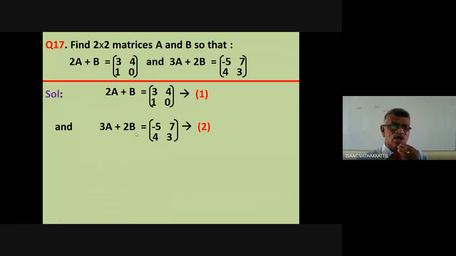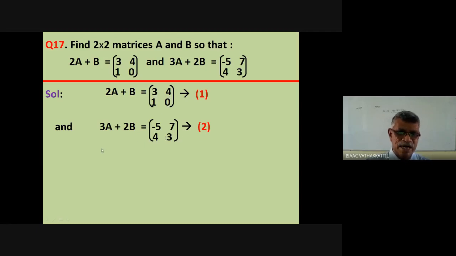Well, just like solving two linear equations in unknowns A and B, you can eliminate B easily. How do you eliminate B? You multiply the first equation throughout with the coefficient of B here, that is 2. If you multiply equation 1 with 2, I get 4A plus 2B equal to [6, 8; 2, 0].